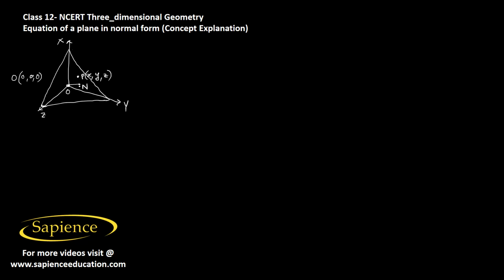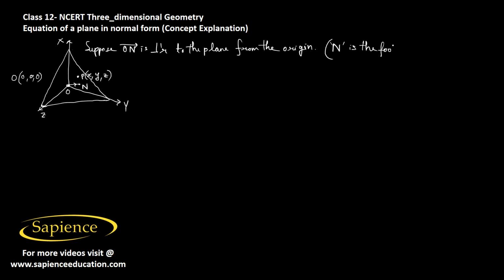That point is N. So ON vector is perpendicular to the plane from the origin. It means that point N is the foot of the perpendicular from the origin on that plane.